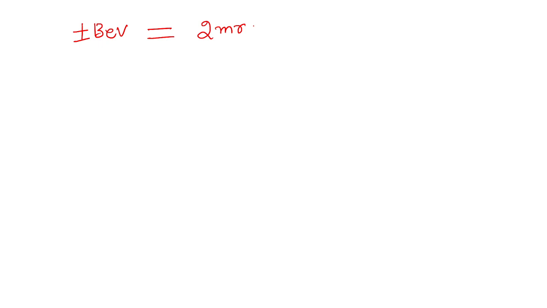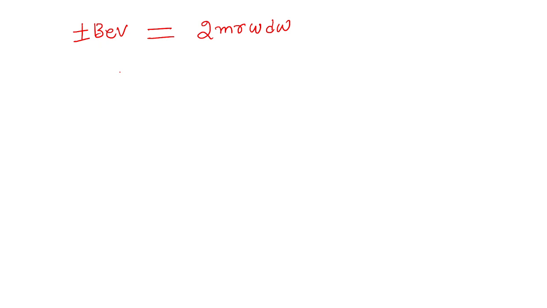Now we will put this on the chart. B means magnetic field, don't be confused here. So now d omega is equal to plus or minus BeV over 2m.